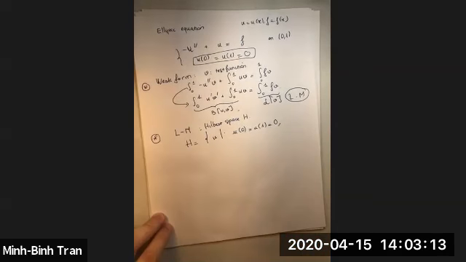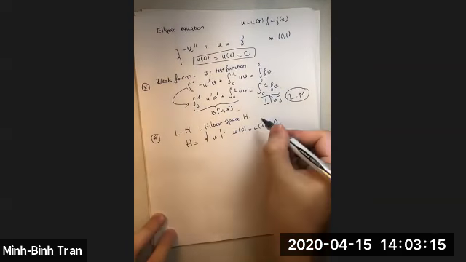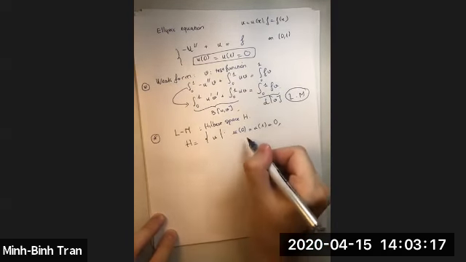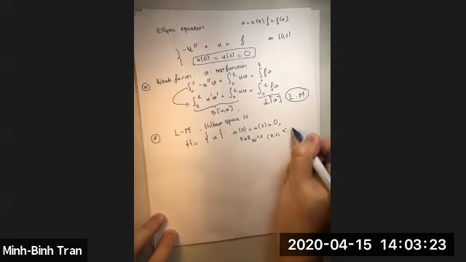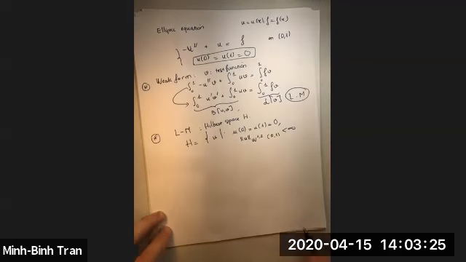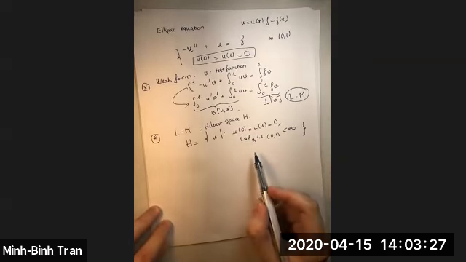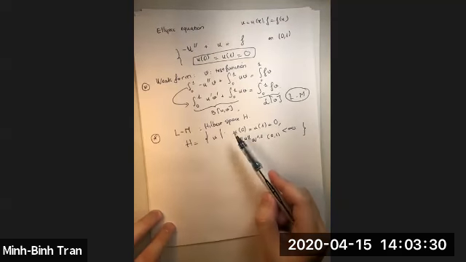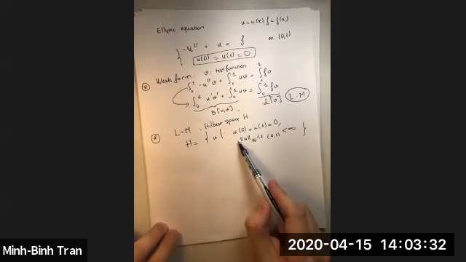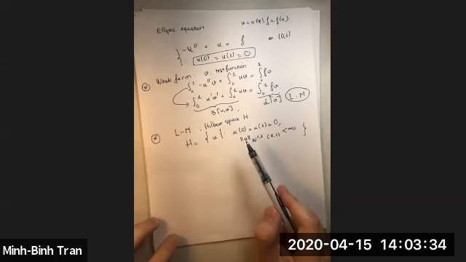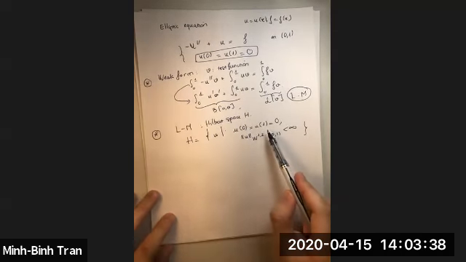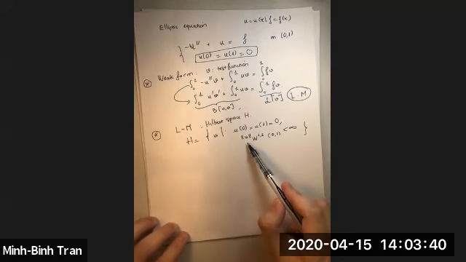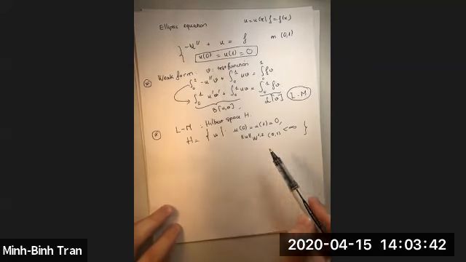And we also require that this norm is finite. So we require that the boundary condition at 0 of this function and the condition at 1 of this function are both 0, and this function belongs to W^{1,2}(0, 1).